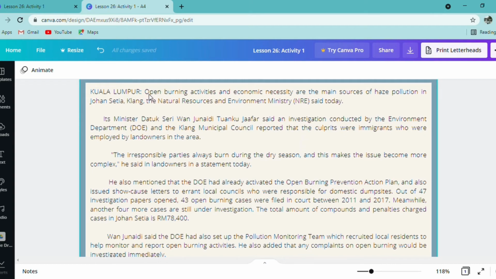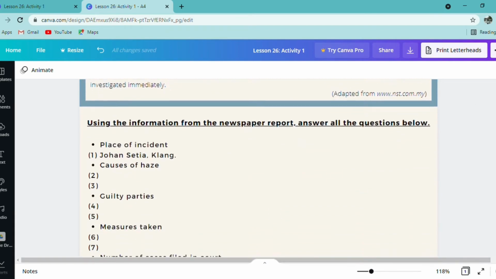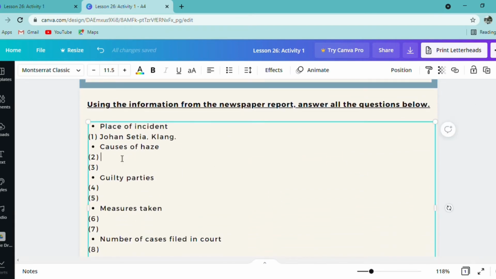It does mention in the first paragraph: open burning activities and economic necessity. So you can write down your answer here. The first one is open burning activities. The second one is economic necessity.